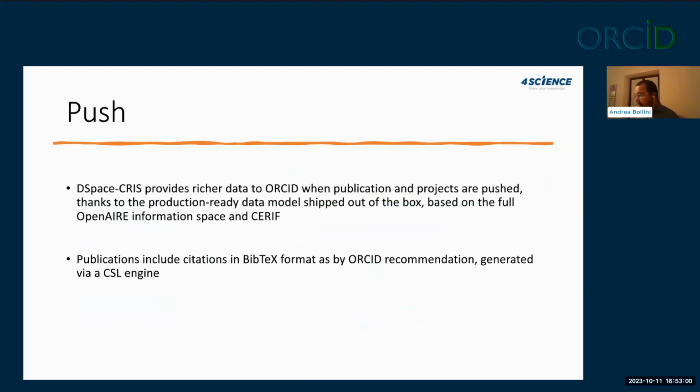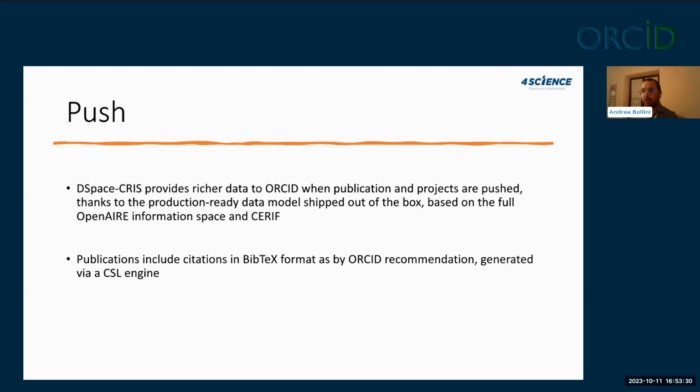Last but not least, the push feature of DSpace-CRIS is much more advanced than the one in DSpace. We provide richer data to ORCID because the data in DSpace-CRIS are out-of-the-box richer. So the DSpace-CRIS configuration includes all the bibliographic details that are recommended by OpenAIRE and are used in modern systems, so as to give context about your research.